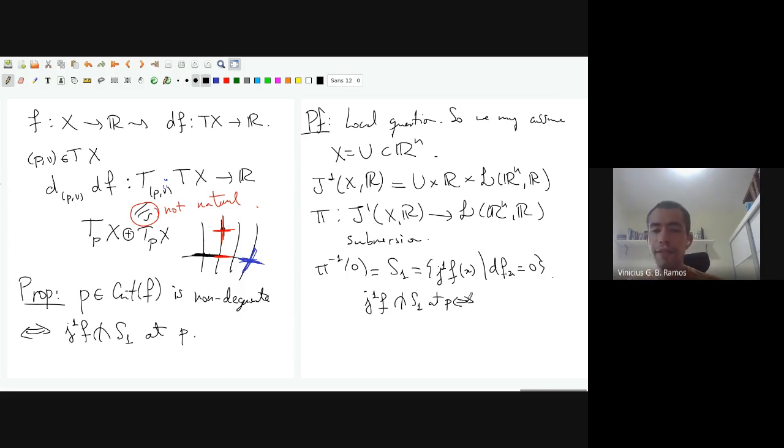So this is transverse to S1 at P if and only if pi composed with J1 is a submersion at P, because we're trying to intersect it exactly with a manifold that's the pre-image of a point by a submersion.